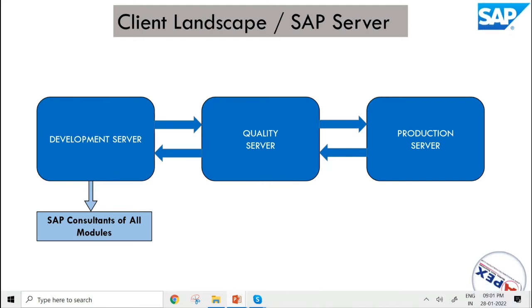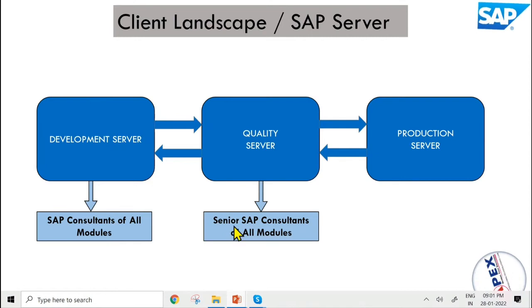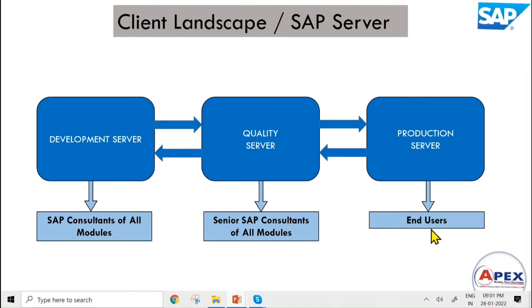Next, in the development server, SAP consultants of all modules will work, technical as well as functional modules. In the quality server, senior SAP consultants will work. Coming to the production server, only end users will work. End users will not have the authority to access the quality server.